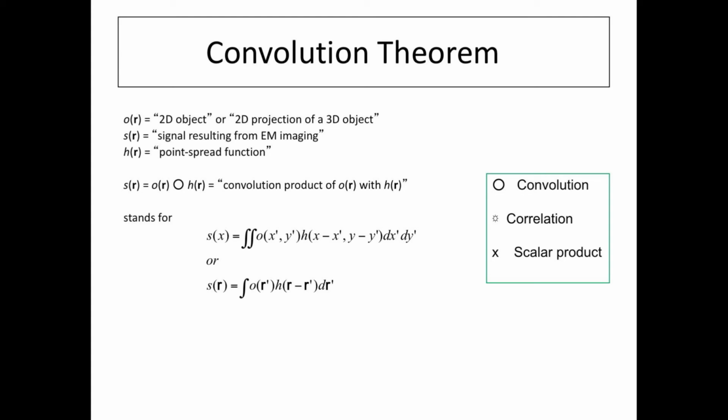Well, this is just a different notation, here it's simply a vector notation, and here's the notation in terms of the components. A special case: if the point spread function is the delta function, then this is an identity operation. Then the signal is simply equal to the object.